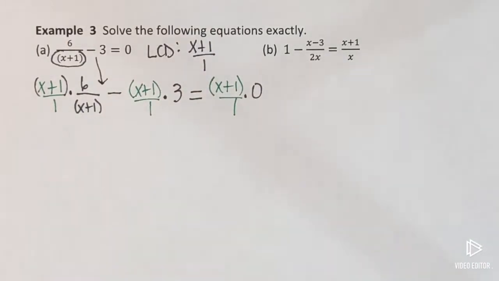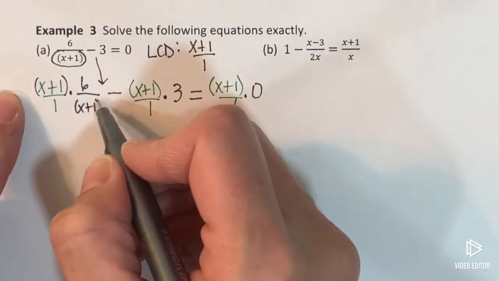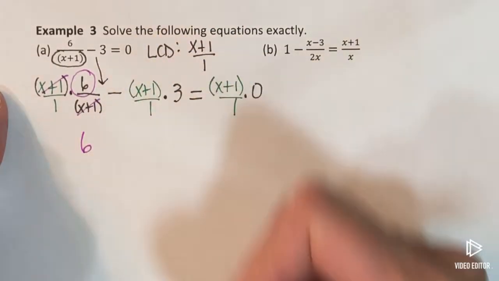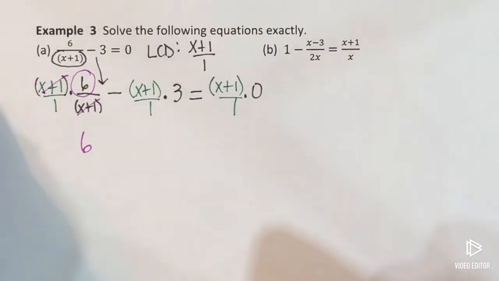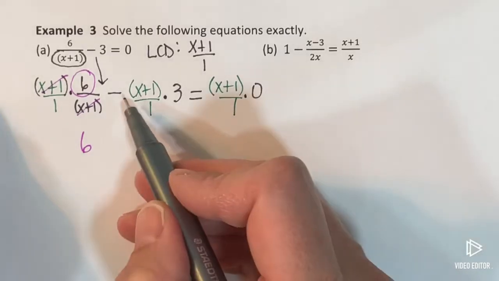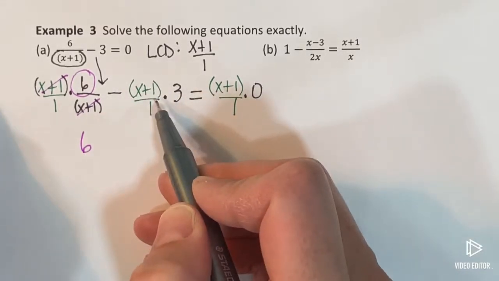And I've got to multiply these out. Now the goal when we do this is that our fractions will divide out. So if you look at this first term right here, I have an x plus 1 on the bottom and 1 on the top, so that just leaves me this 6. Technically 6 over 1, which is just 6. Then I have a negative 3 that I'm multiplying by this x plus 1.